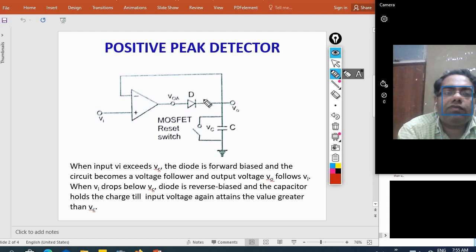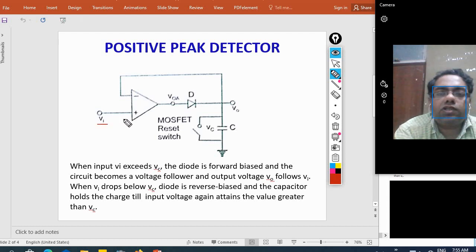Here you can see I have introduced one diode at the output of this op-amp, and in the non-inverting terminal I have connected the input signal, and there is a capacitor which is connected to the output of the op-amp. We also have one MOSFET reset switch which is connected here.